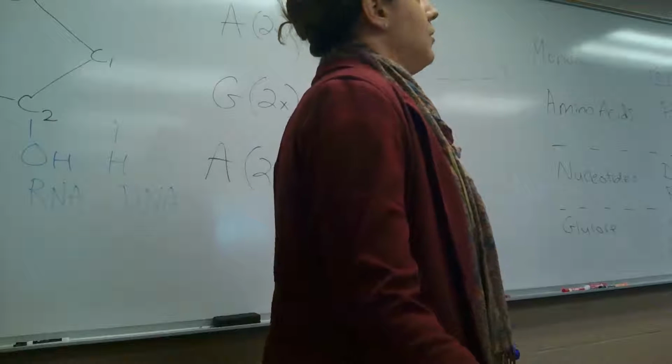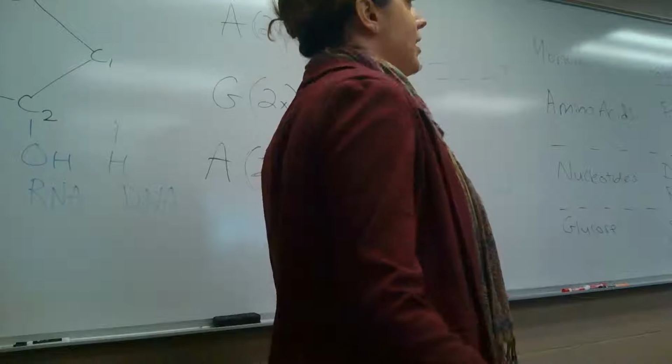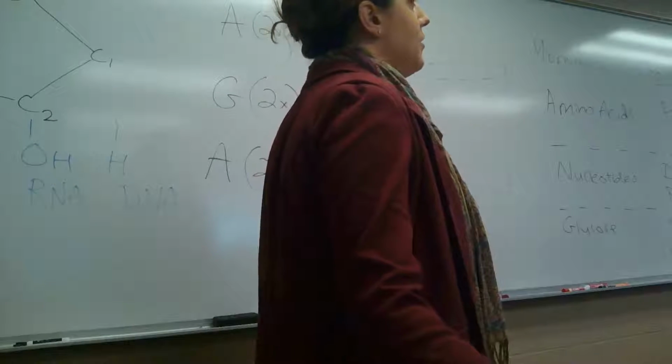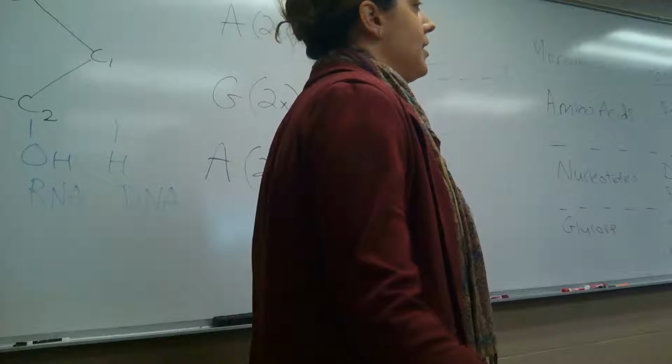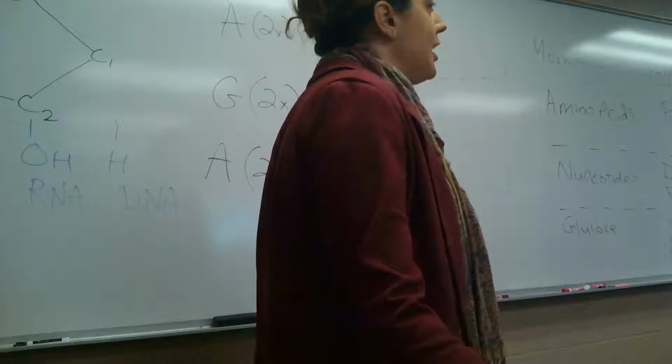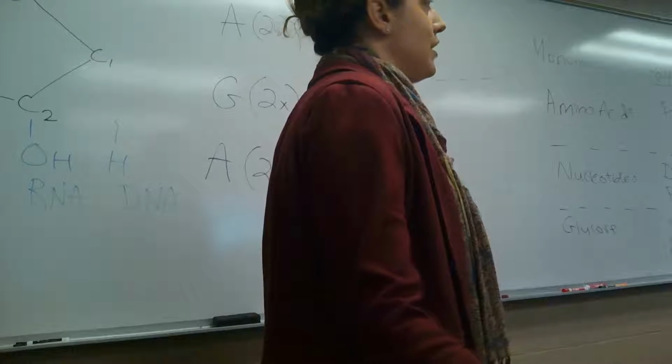And I think that this will come up in one of the problem sets next week. But again, to emphasize, this is significant, the difference between 3 hydrogen bonds and 2 hydrogen bonds.